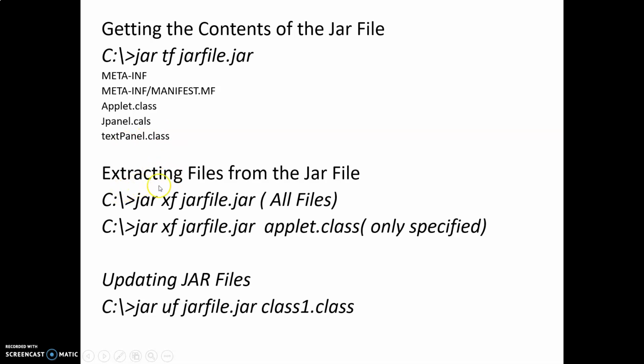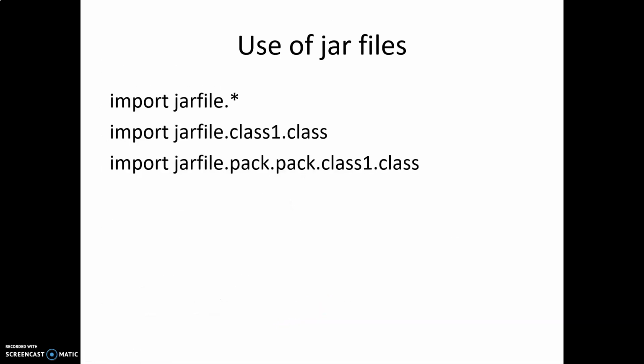Then we can extract the things by using xf jarfile.jar, which will extract all the files from the jar file, and if I give the .class name, it will extract only that particular .class file. If I want to update any jar file, I just make use of uf jarfile.jar, and to update it with class1.class, I give the name class1.class with the uf.